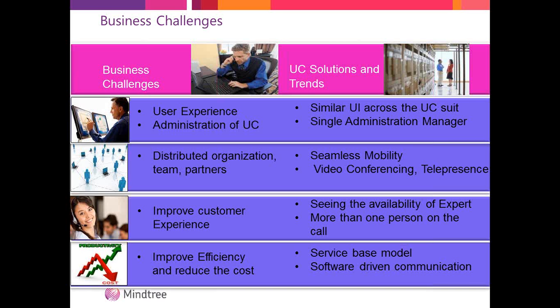The next very big challenge is the administration of unified communication. UC requires a lot of network infrastructure, like multiple servers, routers, and switches. So managing all this network infrastructure is a very big challenge. How is UC addressing this challenge?